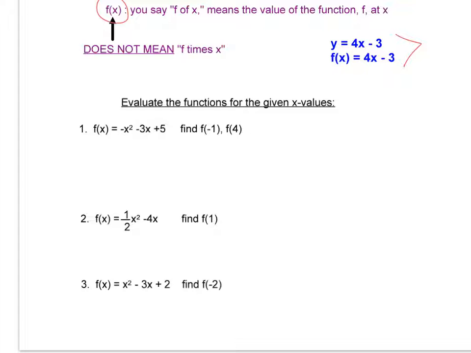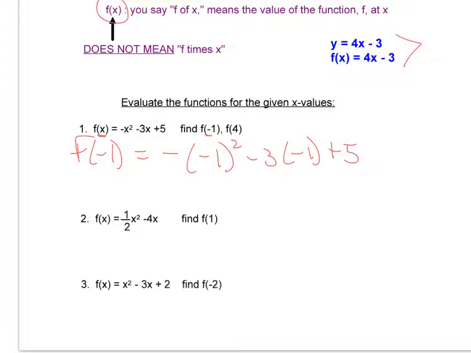A big difference with this is that you have to be careful with squareds. So if I do f of -1, I'm plugging in that -1 for the x. I'm literally substituting that in for x, so I need to do the same thing on the other parts. Make sure you use parentheses when you have negatives like this.